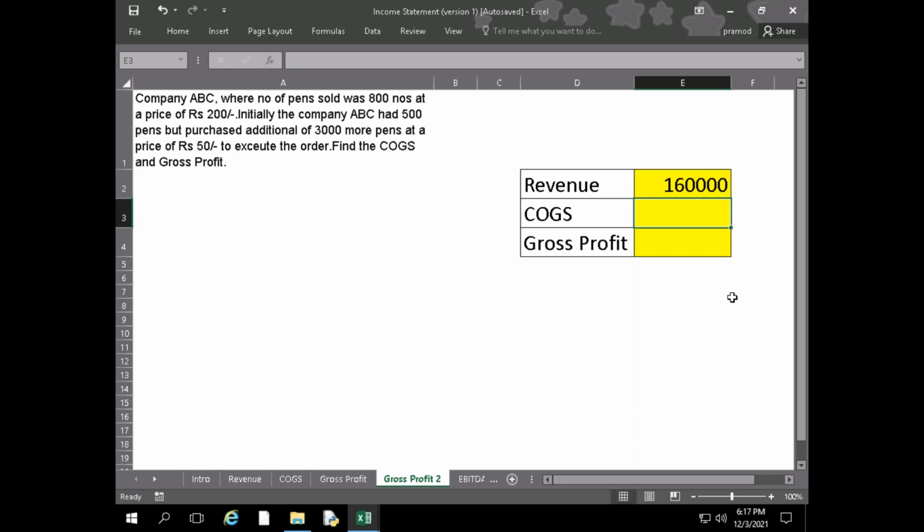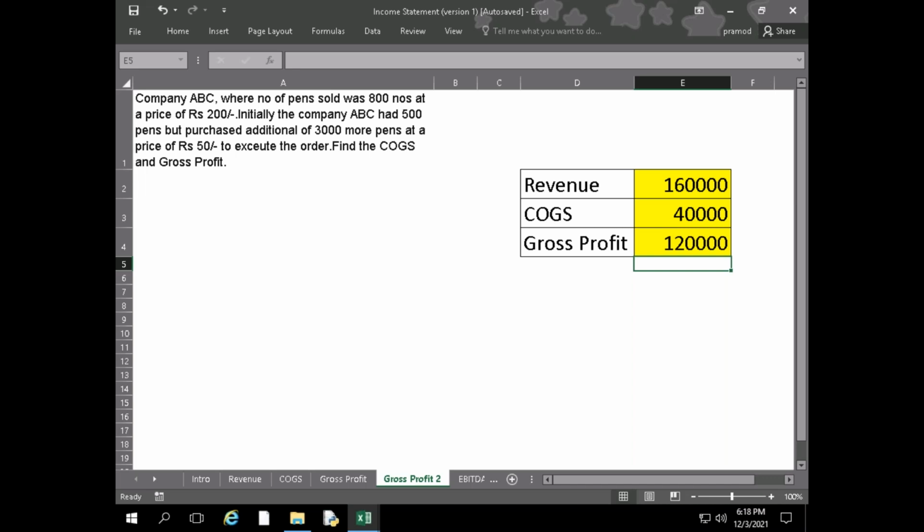That will be 160,000. Then COGS. COGS is sold quantity into purchase price. That is 800 into 50, sir. Correct, so 800 into 50, that is 40,000. So now your gross profit will be 120,000, revenue minus COGS. Yes, sir.